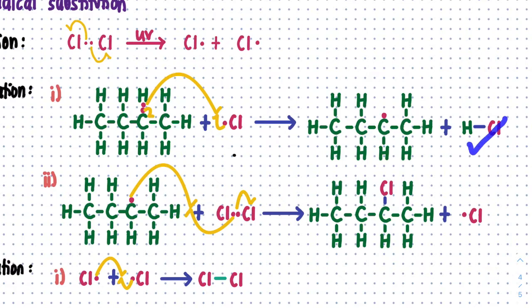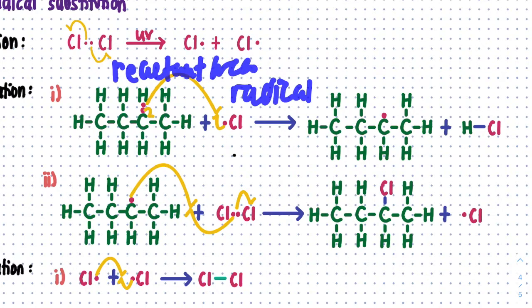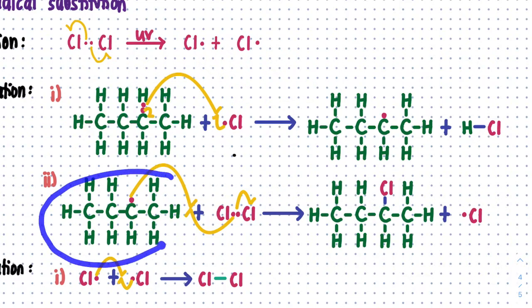First we get our byproduct. From the propagation step, we have to show how we will get our product itself. So from our radical, we will not react it with another radical. For the propagation, this radical must combine with our reactant or reagent. So from here, the radical with our reagent, Cl2.